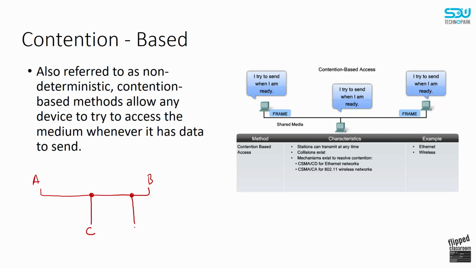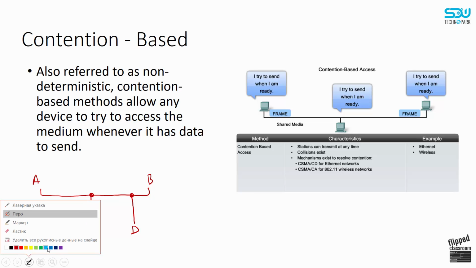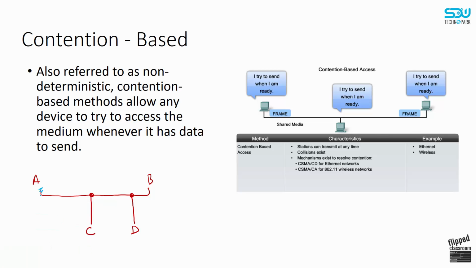Let's also have computer D. Imagine that this is an electrical line, and if one of these devices generates communication, these are electrical signals. These electrical signals will go to computer C, computer D, and computer B. Why? Because it is shared media, and in shared media we have such physical rules.